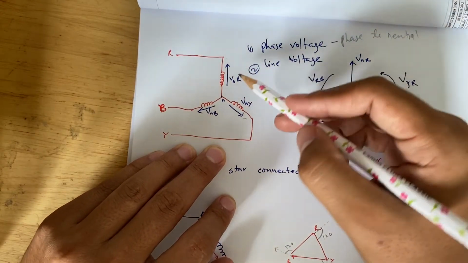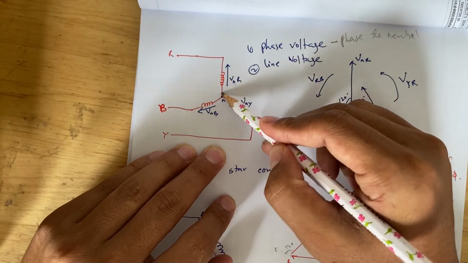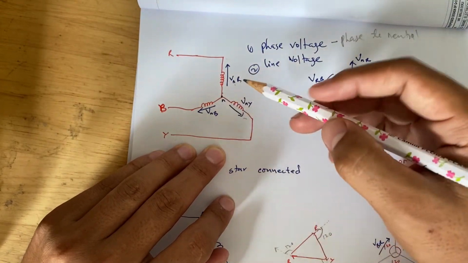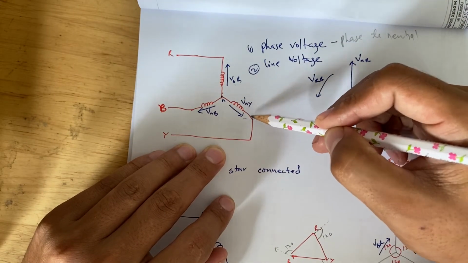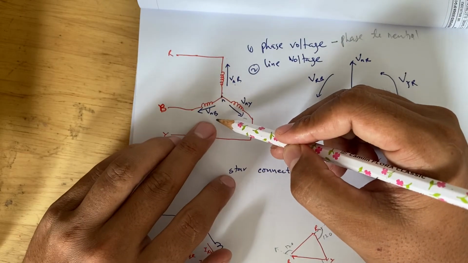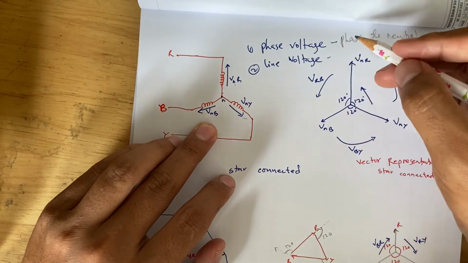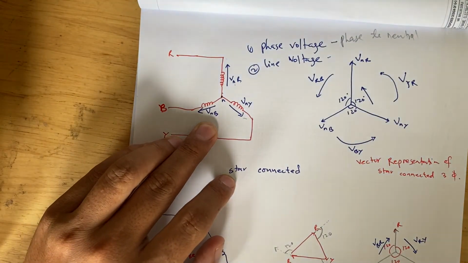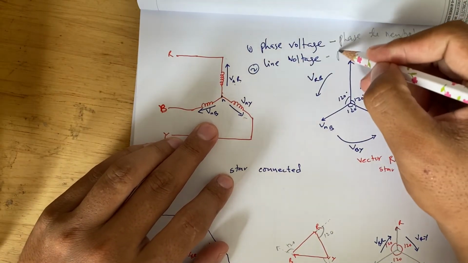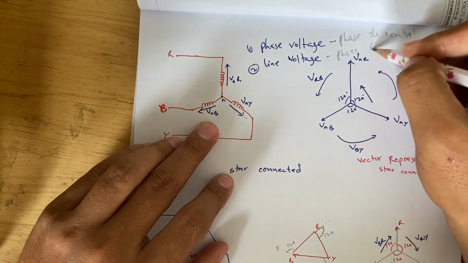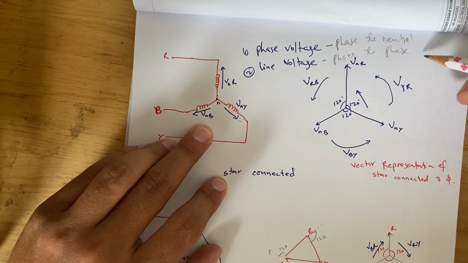In this case, V_NR is your red phase voltage, this one is the Y phase voltage, and this one is the B phase voltage. And the line voltage is the measurement between phase to phase, or we also call it line to line voltage.